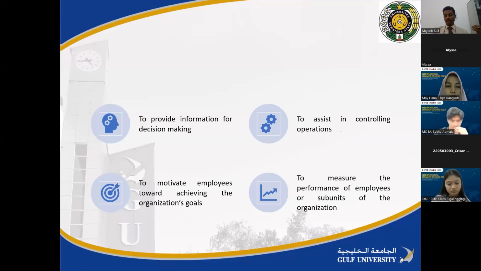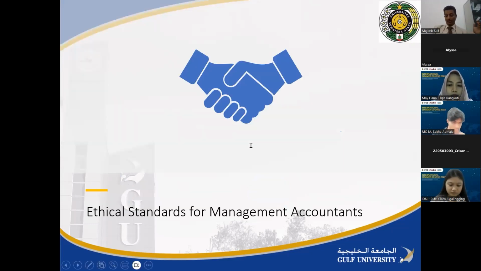Because we make a plan for everything, we should measure how the actual performance turns out, just to make a decision, because employees expect tools, price, their salary, and so on. So managerial accounting will help us to measure the performance of the employee.